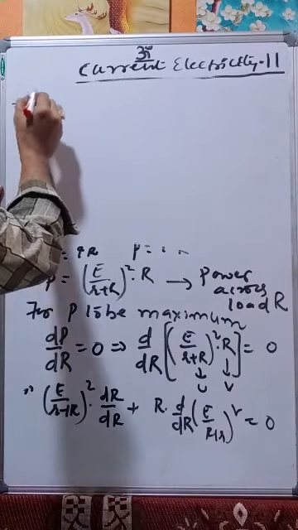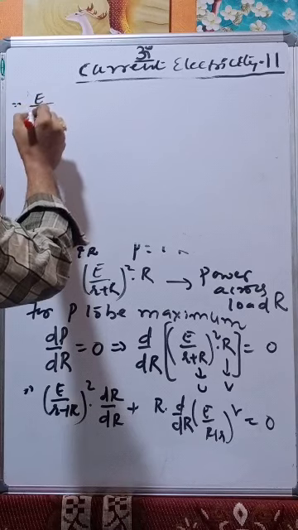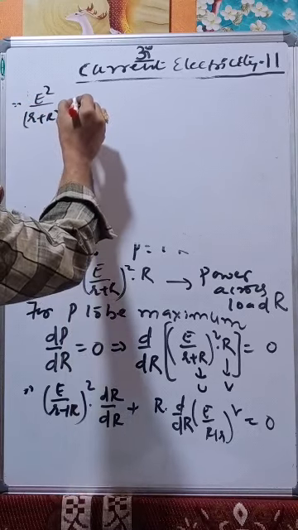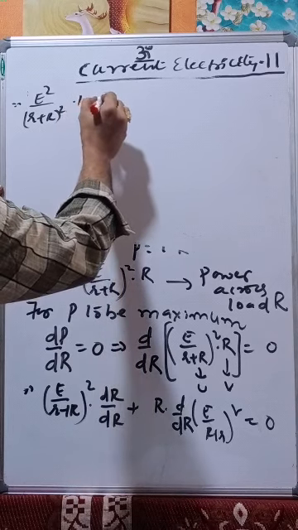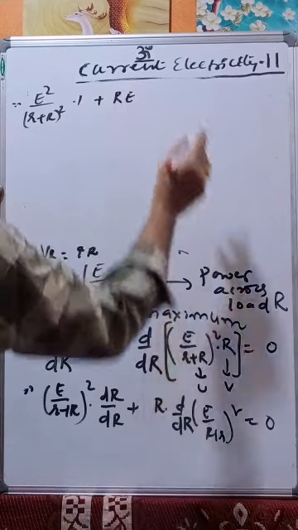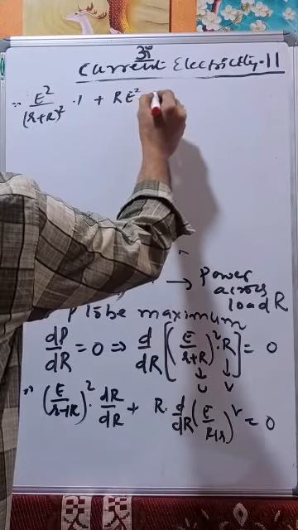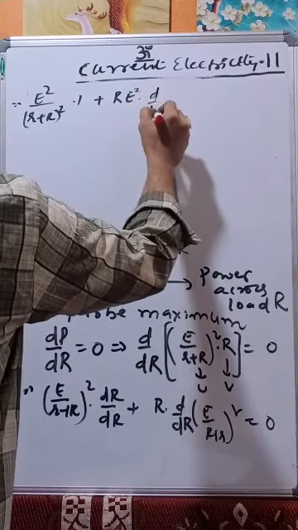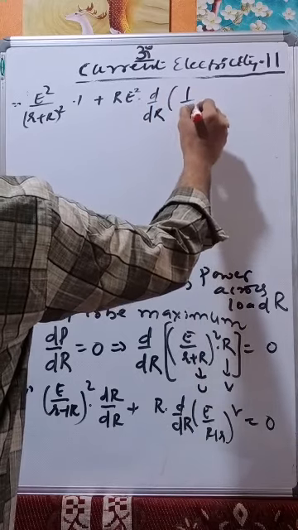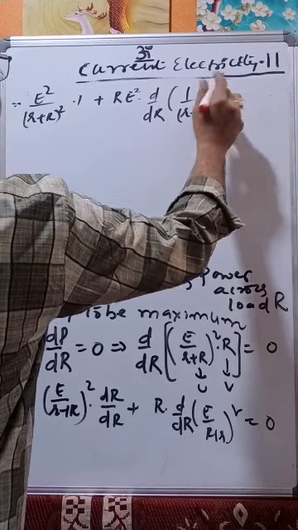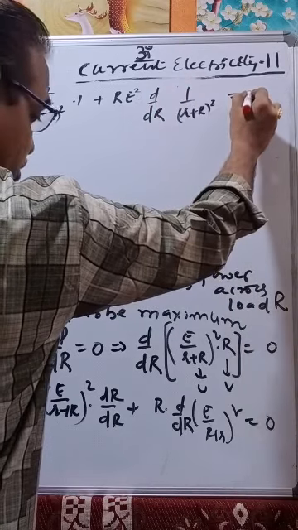So this implies E square by (R plus r) whole square into 1 plus R into, since cell voltage is constant, E square into d by dR of 1 by (R plus r) whole square should be equal to 0.